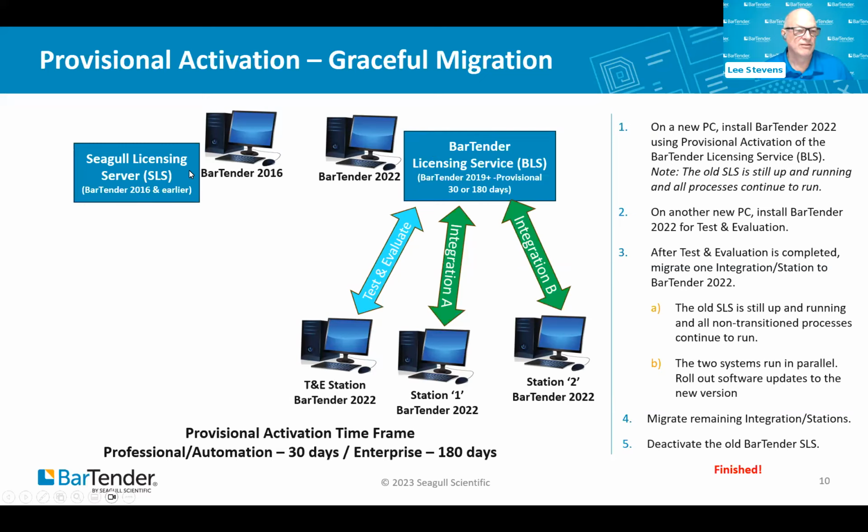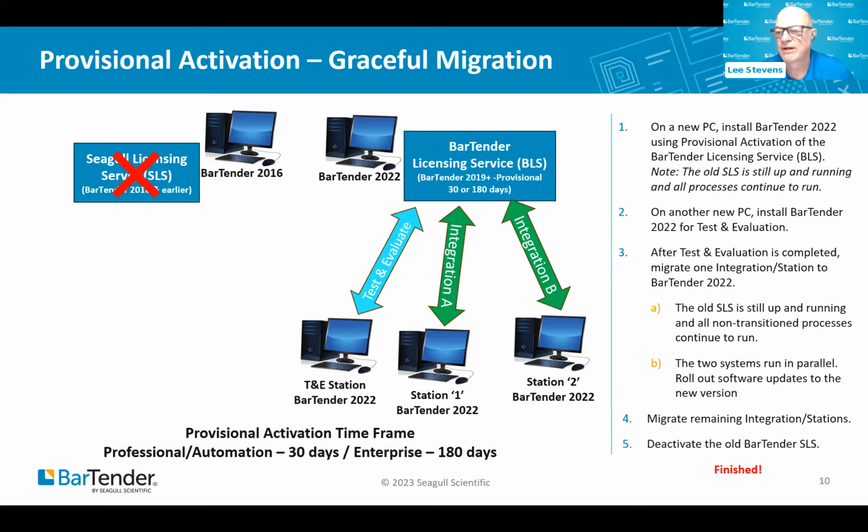And this license server is now just sitting there getting lonely because nobody's talking to it anymore. And at that point, you deactivate that old license service. You can then push in the new Windows on it or whatever the case may be, and you're done. And that's the basic process.